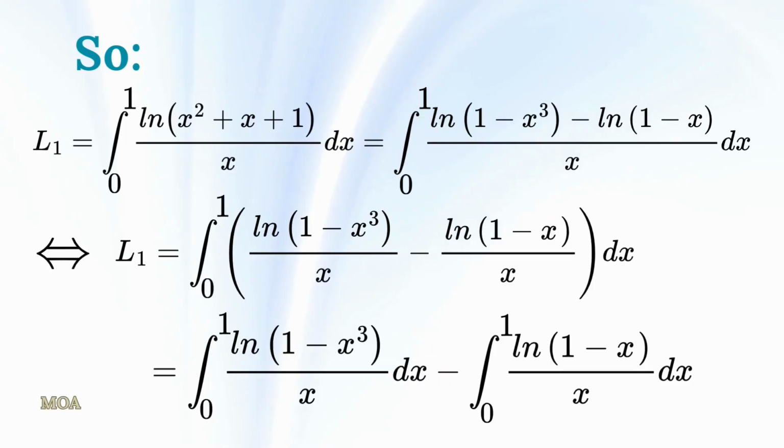So after integrating term by term, this yields the integral L₁ = ∫₀¹ ln(1 − x³)/x dx − ∫₀¹ ln(1 − x)/x dx.